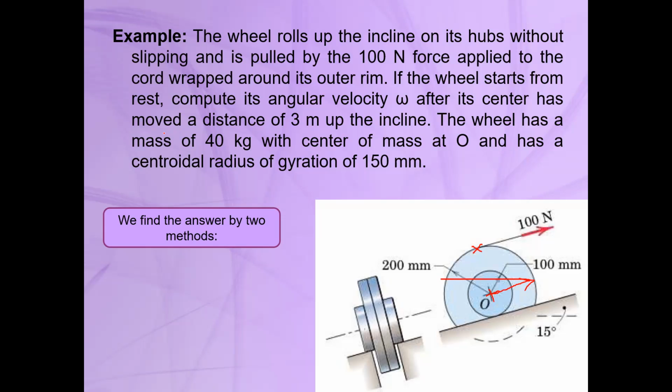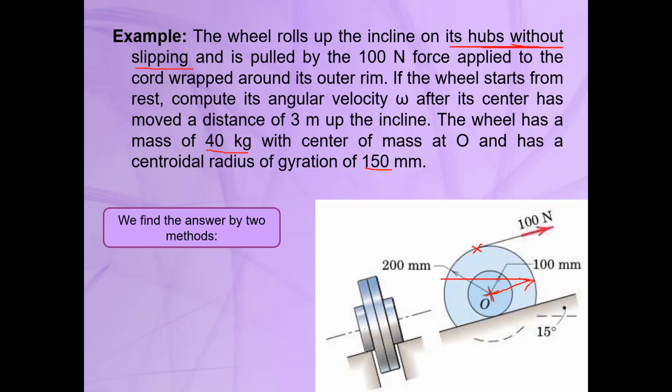The wheel has a mass of 40 kilograms with center of mass at O and has a centroidal radius of gyration of 150 millimeters. This wheel is rotating without slipping according to the problem description.